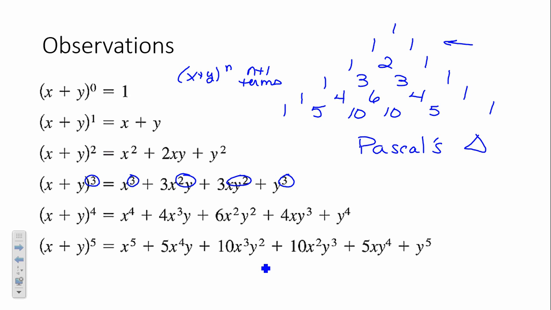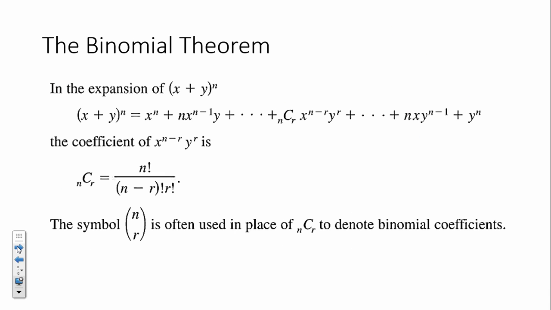Okay. The third power, 2 plus 1 is 3, 1 plus 2 is 3, and 3. Okay. 4, 3 and 1 is 4, 2 and 2 is 4, 1 and 3 is 4, 4. Okay. So lots of great observations that we can make about these.